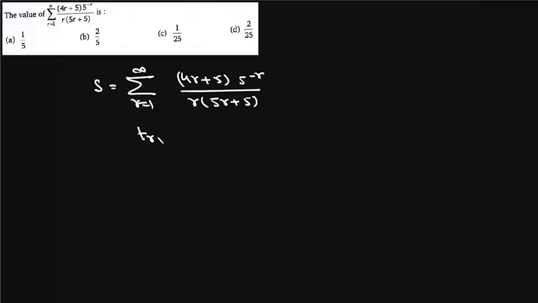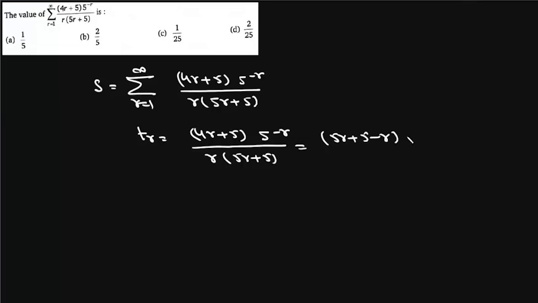We'll write its general term, it will be 4r plus 5 into 5 to the power minus r upon r into 5r plus 5. Now we can write this as 5r plus 5 minus r into 5 to the power minus r upon r into 5r plus 5. Now we'll split it in two parts.